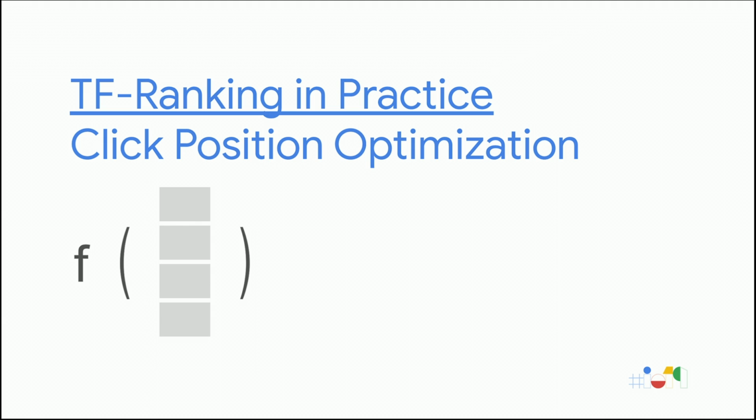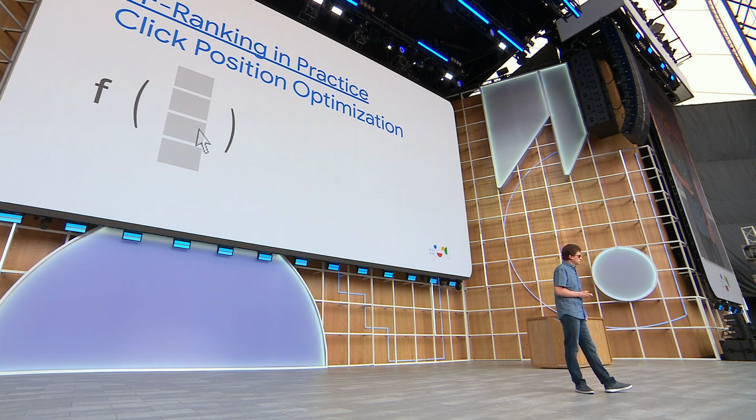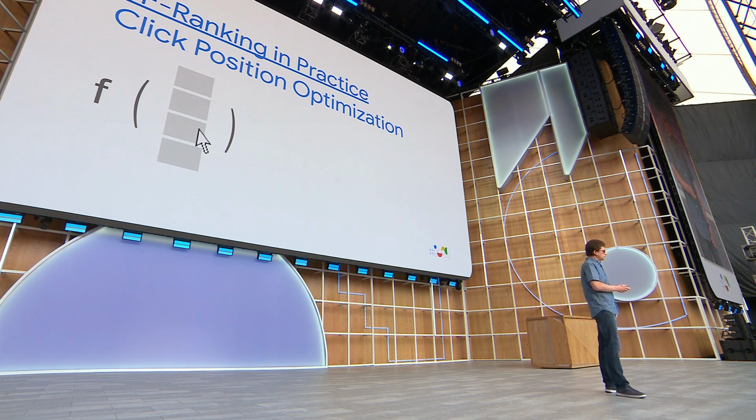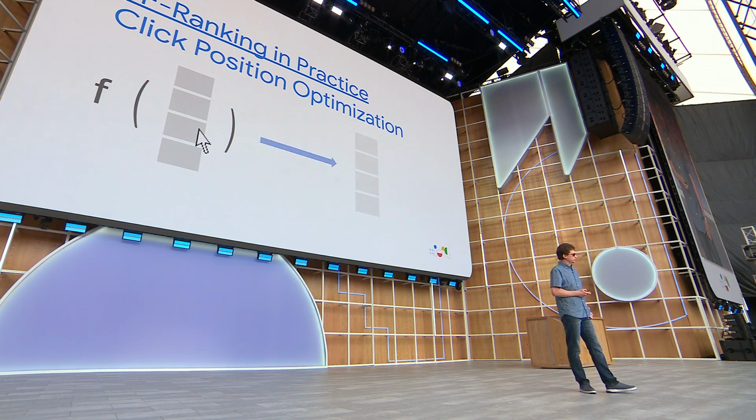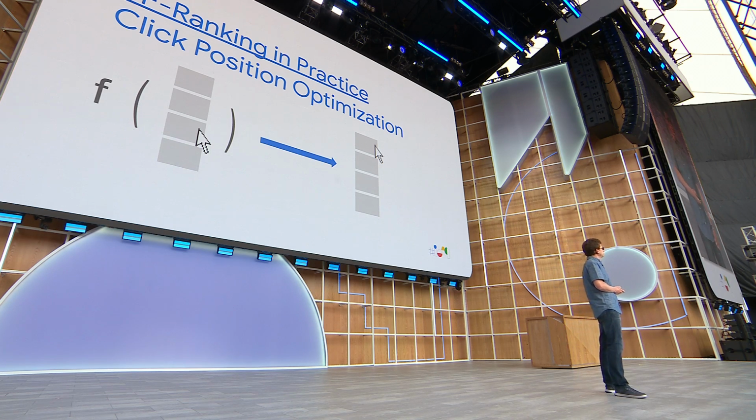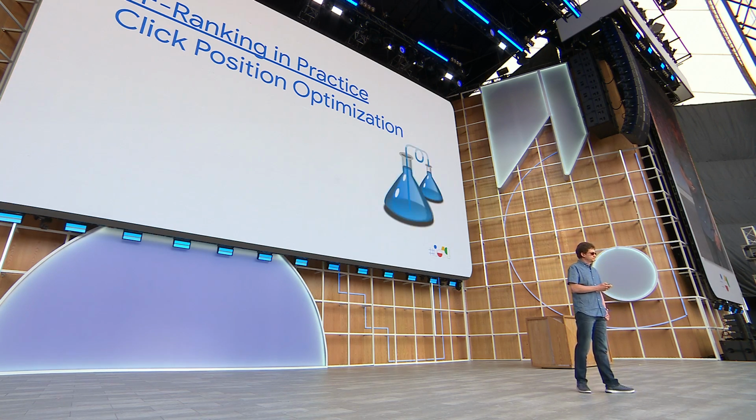OK, I'm going to finish this by giving an example of how TF ranking works in practice. I'm going to go back to the click position optimization problem I posed before. To remind you, in this case, the perfect ranking, when we take in as an input click data, is to produce a ranked list such that the clicked items are at the top of the list.